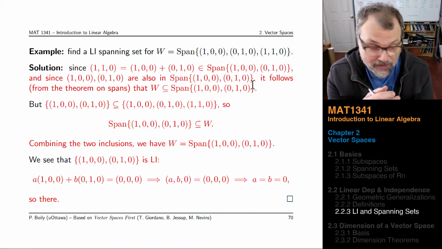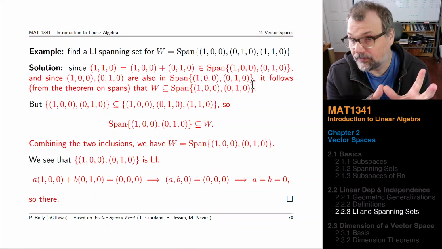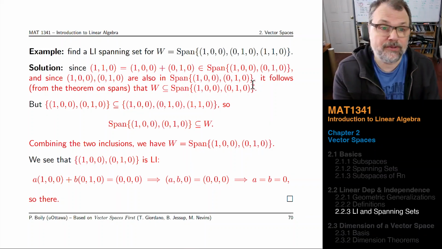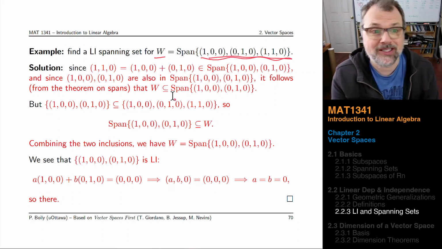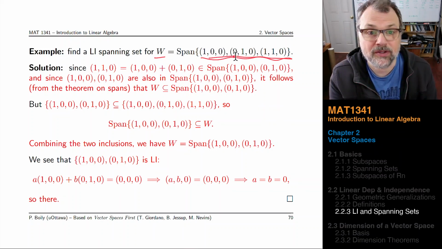And then from the big theorem on spans, that tells us that W, the subspace spanned by the three vectors, has to be contained in the span of these two vectors, because every one of these three vectors here is inside this space.